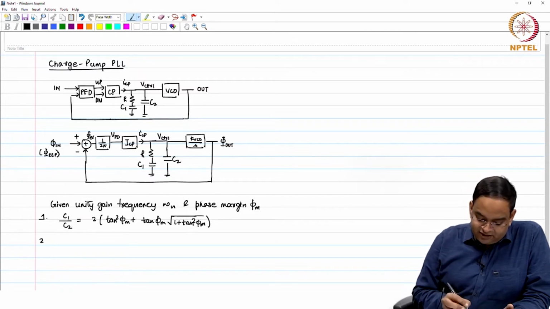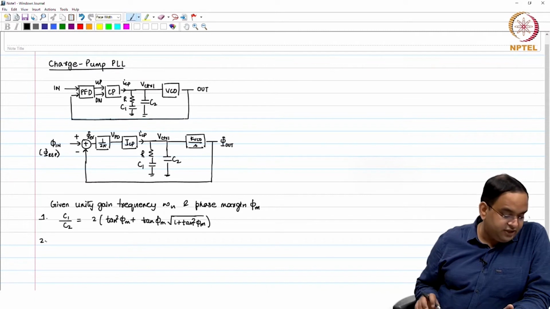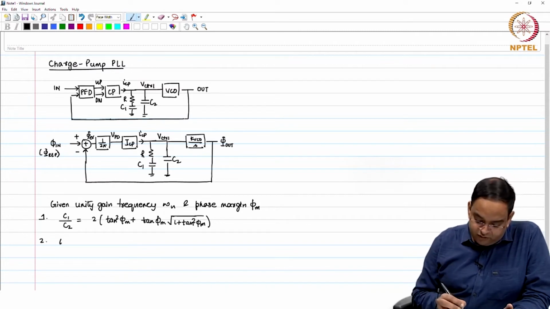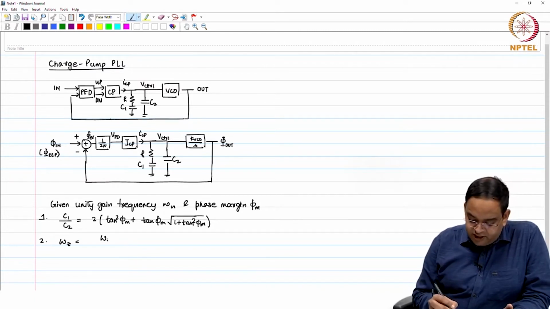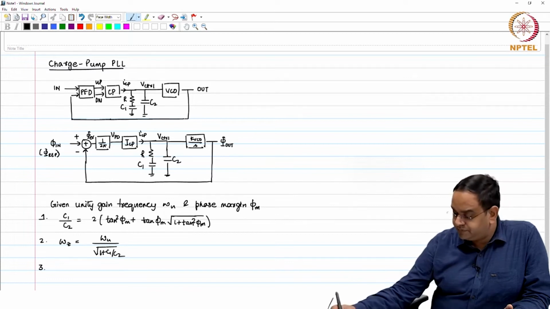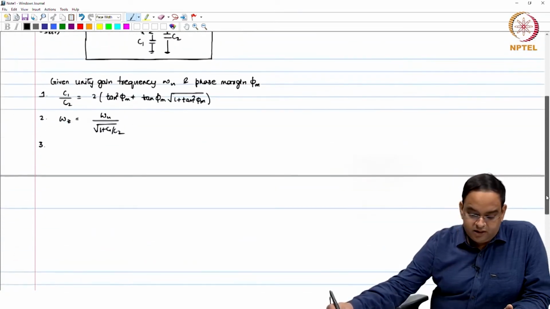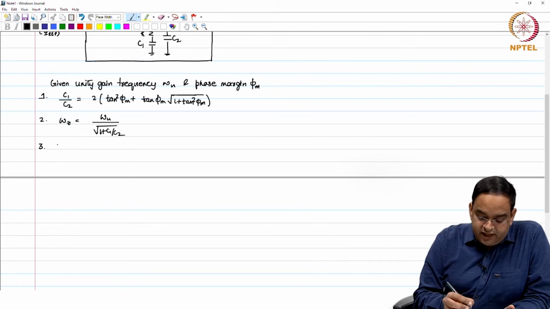Second step was, given our C1 by C2 ratio, we can find omega z, which was omega u divided by 1 plus C1 by C2. Third step was, given omega z, choose R. Now, you can ask how will you choose R?